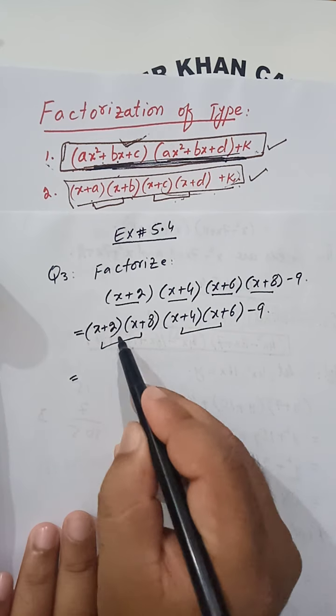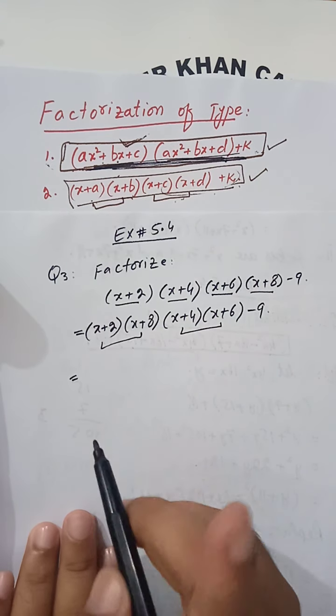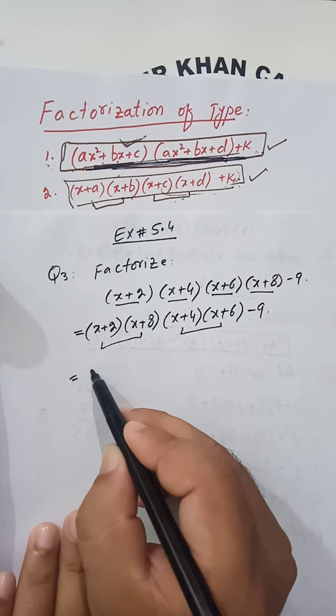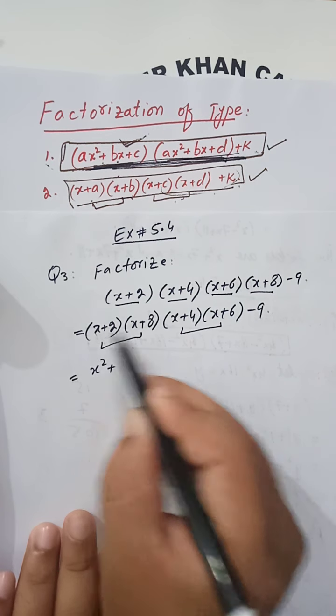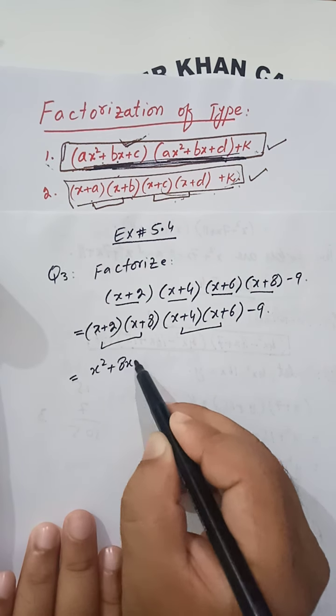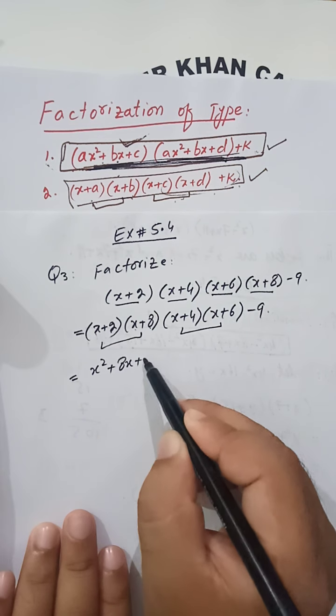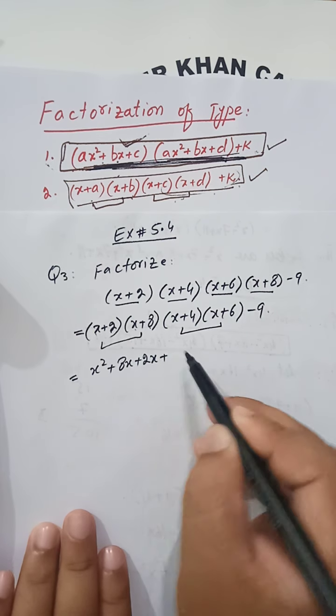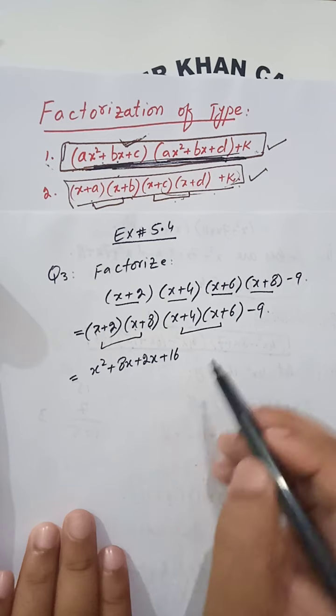Multiplying x plus 2 with x plus 8, I will do horizontal multiplication. x multiplied with x, you will get x square; x multiplied by 8, you will get 8x; 2 multiplied by x, 2x; 2 multiplied by 8, 16.